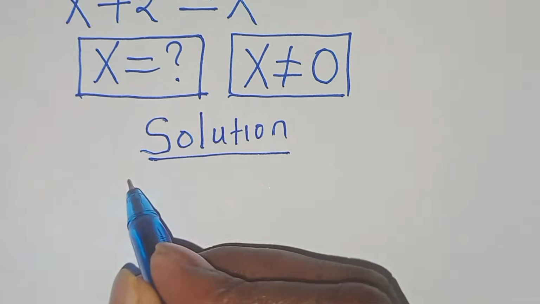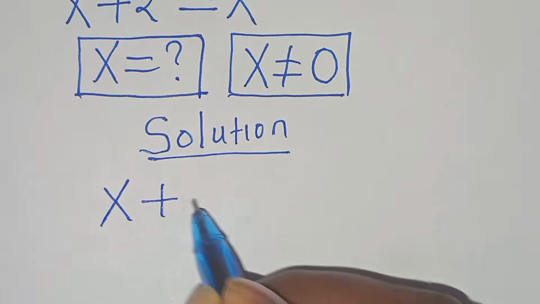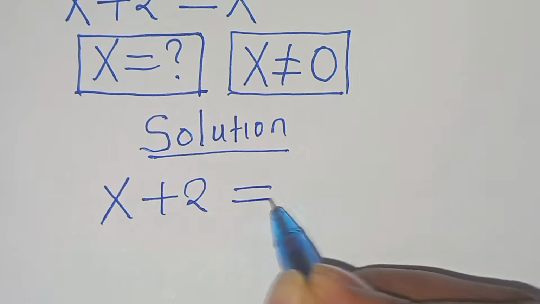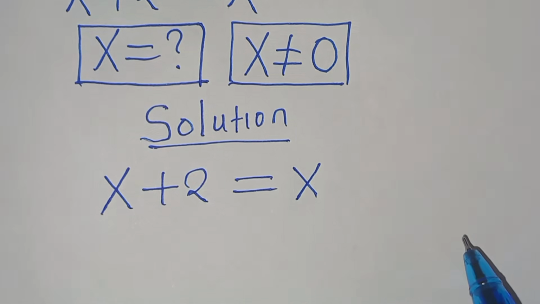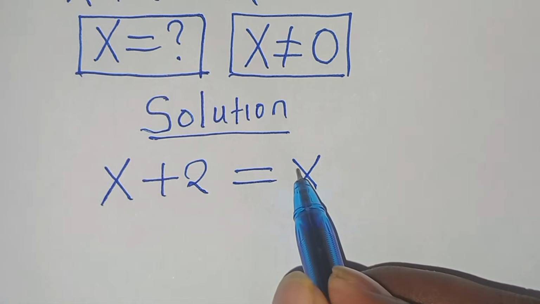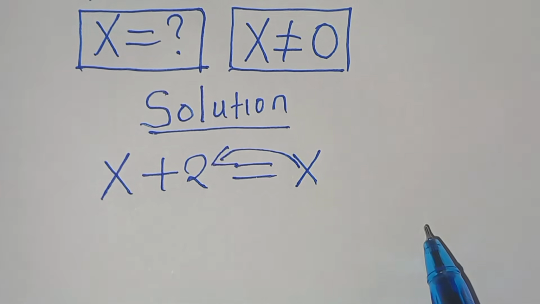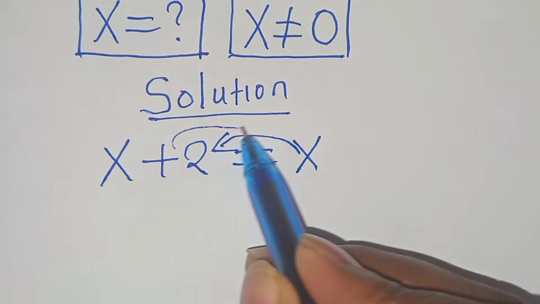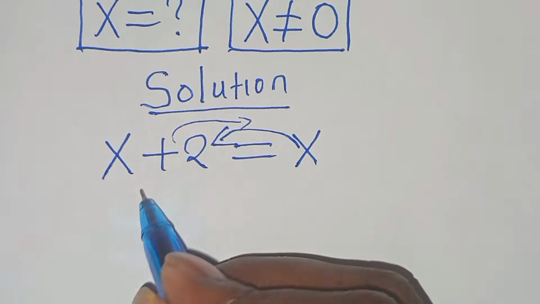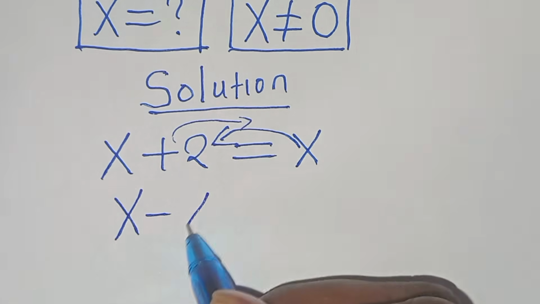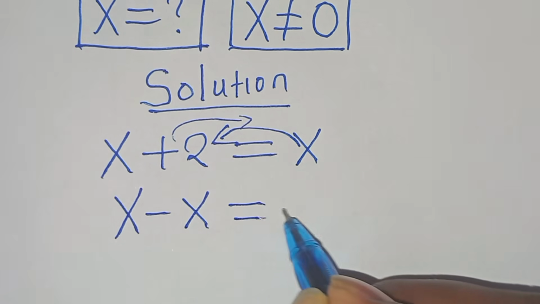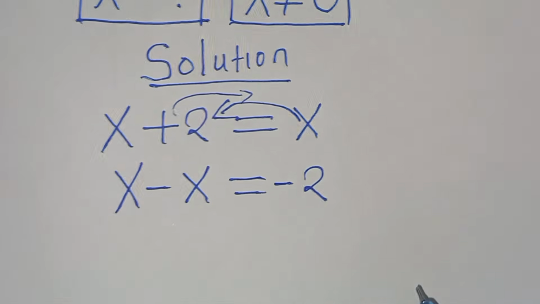Now we have x plus 2 equal to x. Let's take this x on the left hand side and take plus 2 on the right hand side. So that now we have x minus x equal to minus 2.